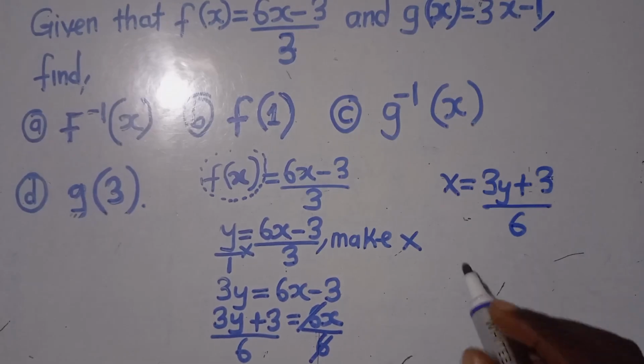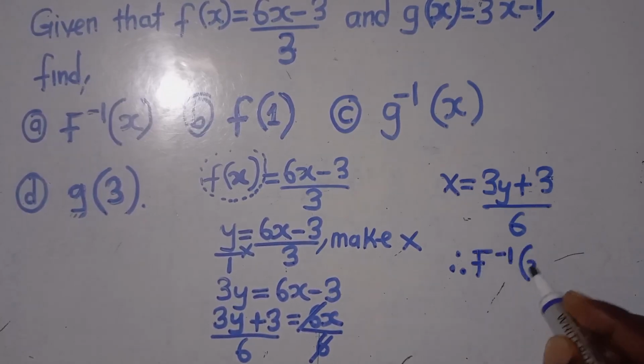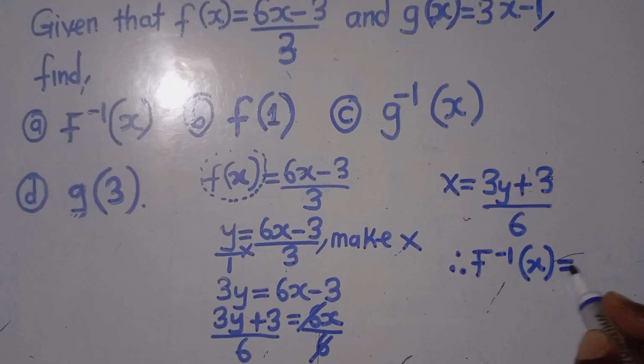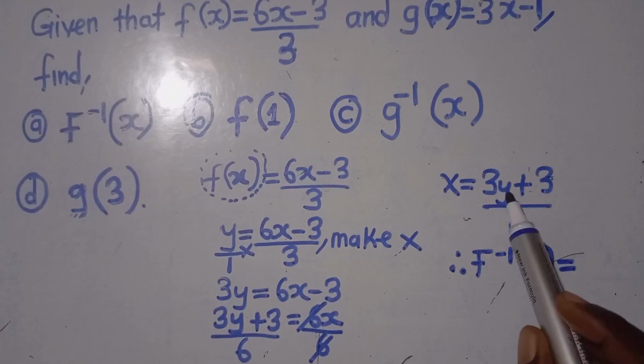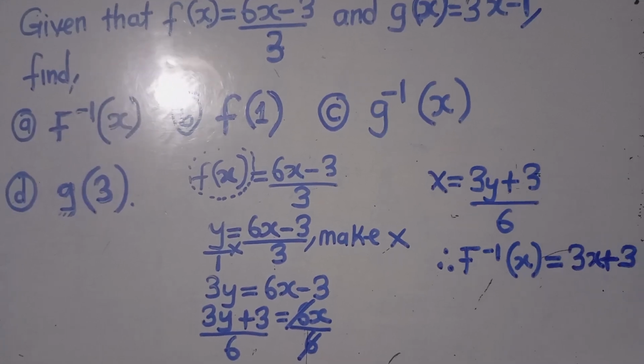Therefore, f inverse of x is equal to, where there is y now, there's going to be x, so 3x plus 3 over 6. This is the answer, just like this.